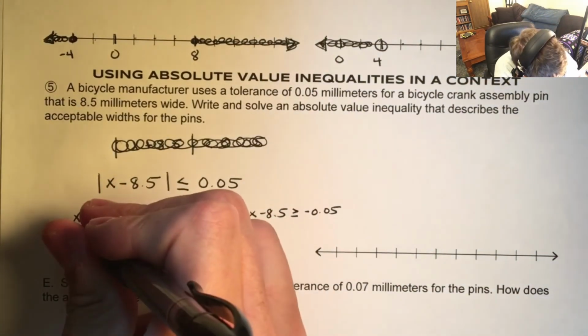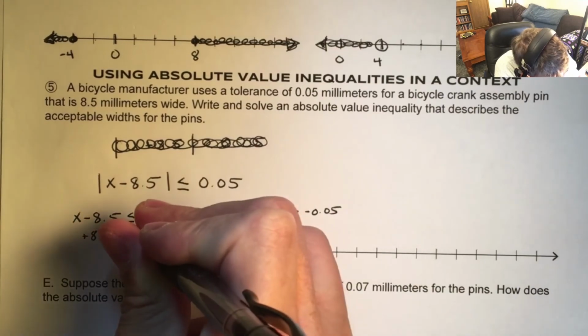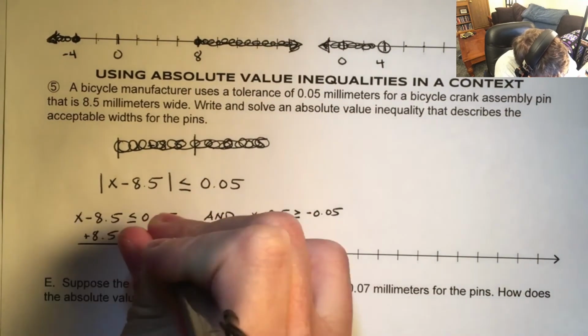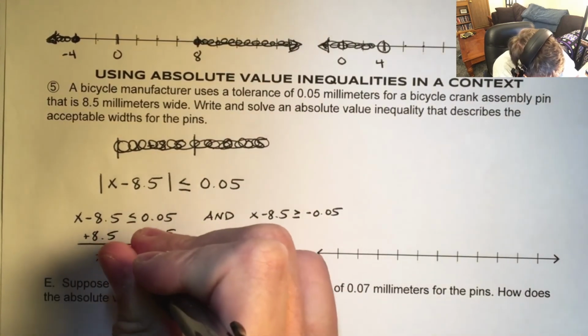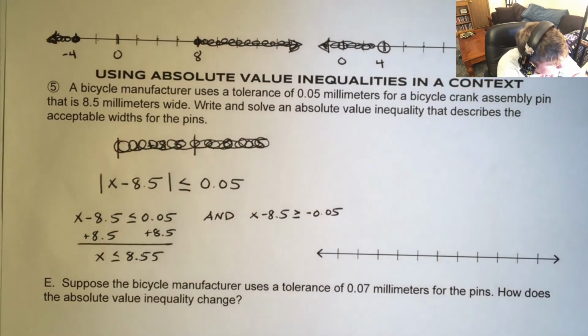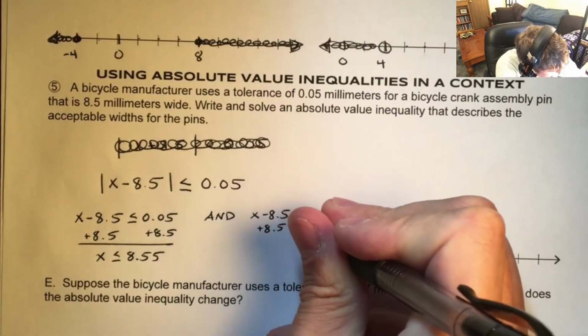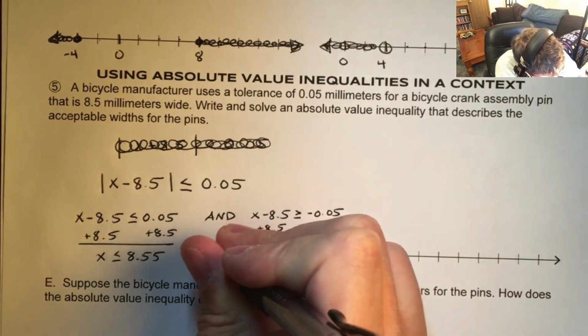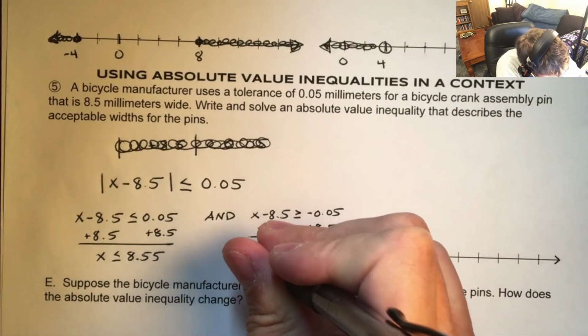I add 8.5, so add 8.5. It's less than or equal to 8.55. And then here I can do the exact same thing and say x needs to be greater than or equal to 8.45.